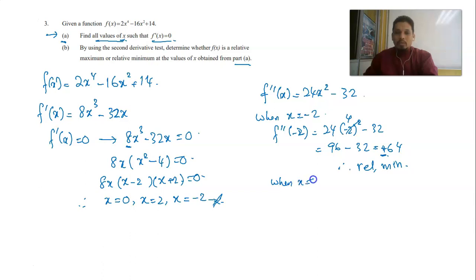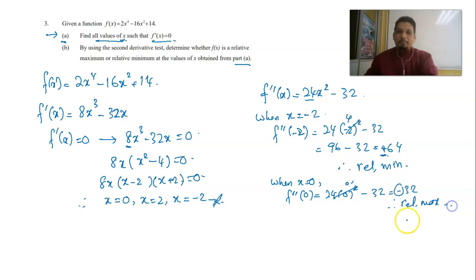When x equal to 0, f double prime 0 is 24 times 0 squared minus 32. Everything is 0 here, 0 minus 32 equal to negative 32. With a negative value here, we come up with the conclusion that it is a relative maximum.